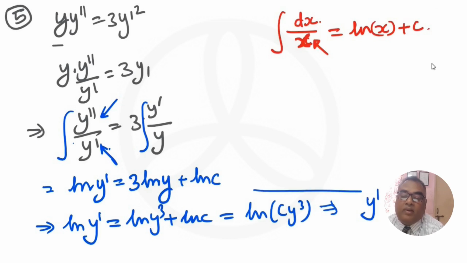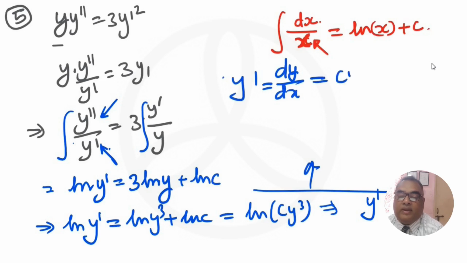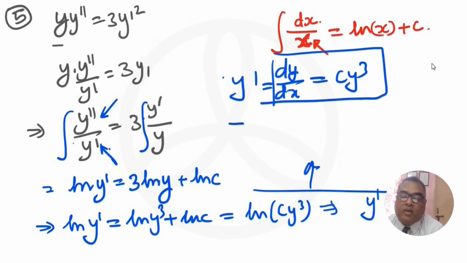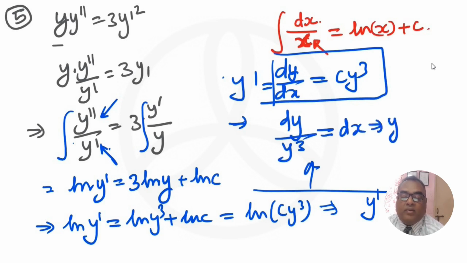Let us take it upward: dy/dx, which is nothing but y prime, is equal to c y cube. Now let us take this much and do variable separable. So we will have dy/y cube is equal to c dx, and this will be y to the power minus 3, since if we take it from the denominator to the numerator, the sign on the 3 will reverse and it will become negative.